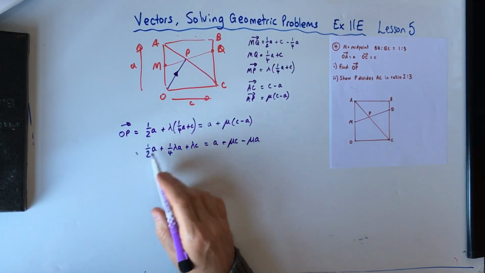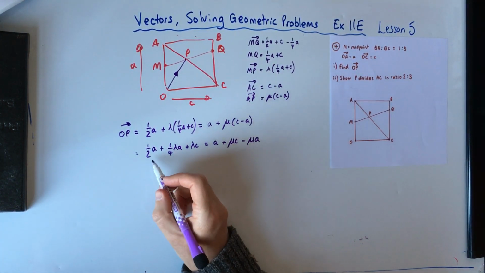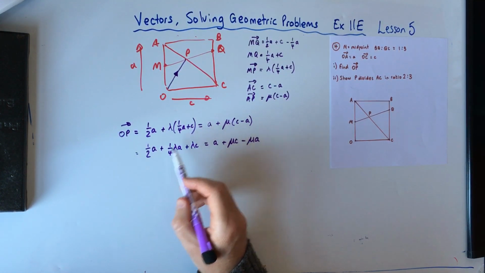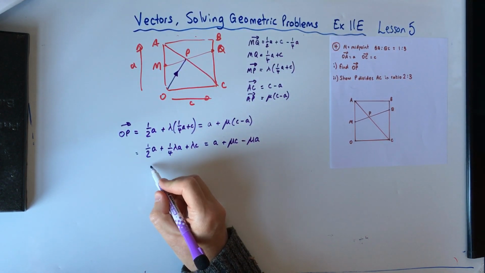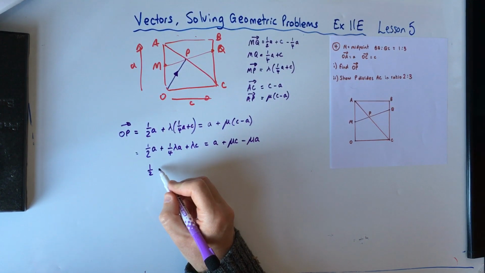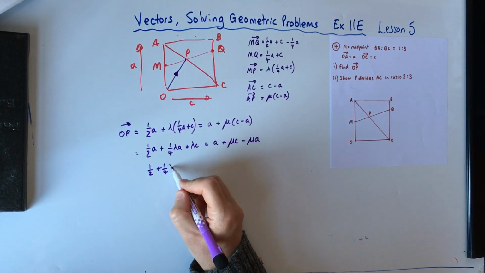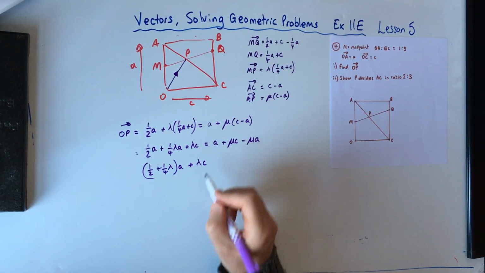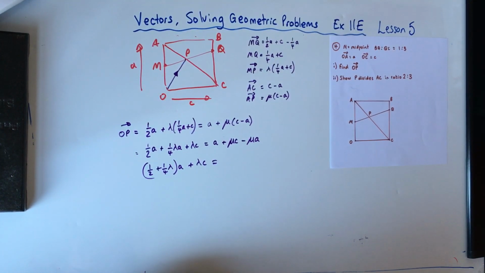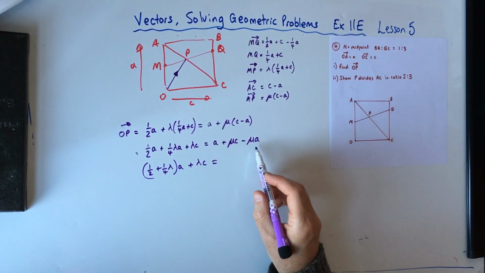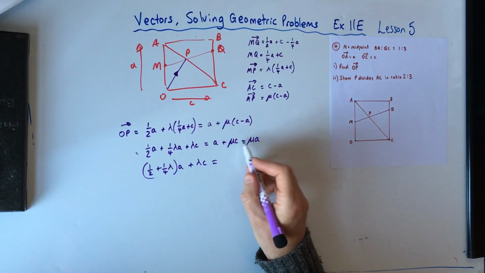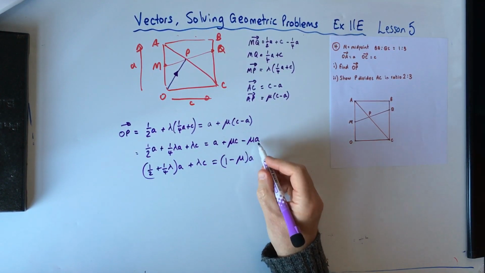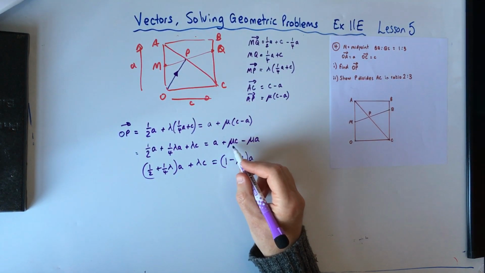So I've got all my A's together here. I've got all of my A's together, so I can go half plus a quarter lambda A plus lambda C. Okay, and if I factorise out here, I've got 1 minus mu A. What I've done is I've moved that to put it with that A there.